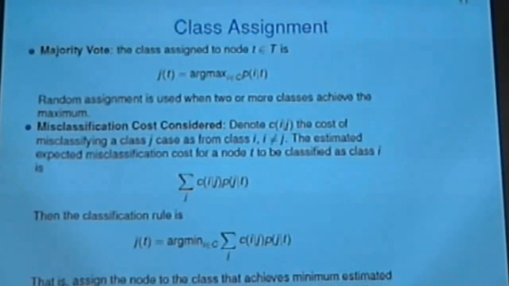And then you have this misclassification cost considered. Here the cost of misclassifying a class J as class I is given by that function. And the estimated expected misclassification cost for a node to be classified as class I is just given by this.